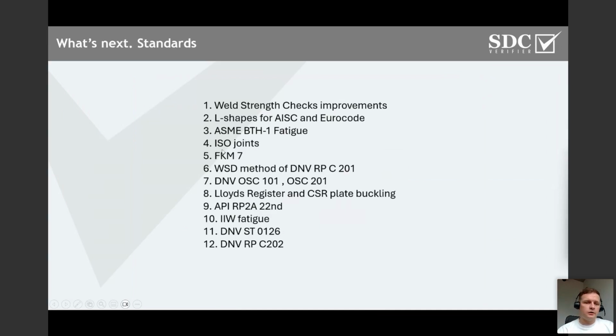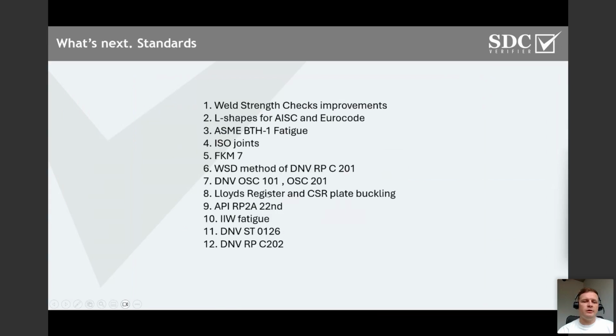We will work on developing the new versions of ISO joint checks, new version of FKM, a new method for DNV RPC 201. You can see plenty of DNV codes here also for offshore structures, for fatigue and for plate buckling as OSC 101, 201, standard 126, DNV RPC 202, etc. We will also enhance the library of our plate buckling codes with Lloyd's Register and Common Ship Rules plate buckling.